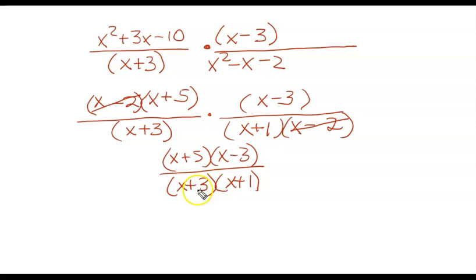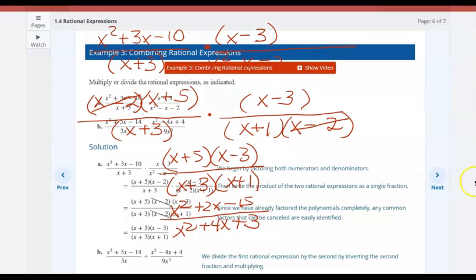And we'll FOIL these, and that should be our answer. Let's do it together. So this is going to be x squared plus 2x minus 15. And this will be x squared plus 4x plus 3. Let's see how we did.